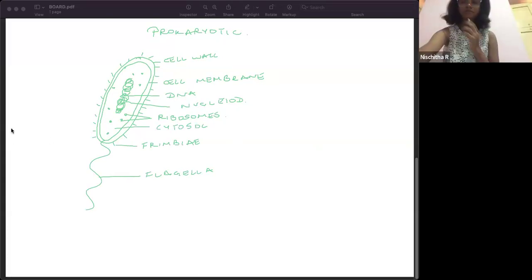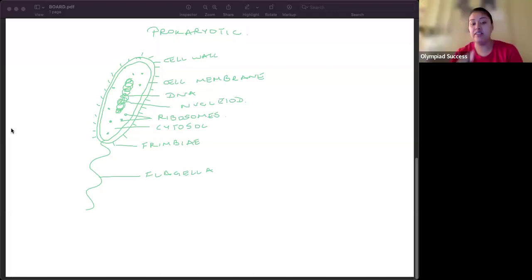No, ma'am. Okay, now let's talk about each and every part in detail. So first we have the cell wall. Cell wall and cell membrane form the envelope of the cell. Cell wall in bacteria is made up of peptidoglycan.